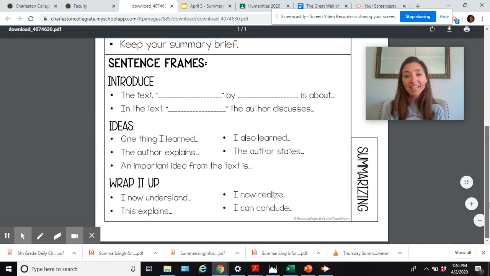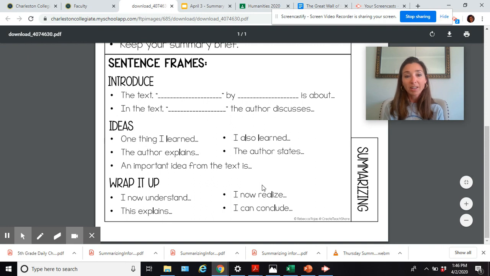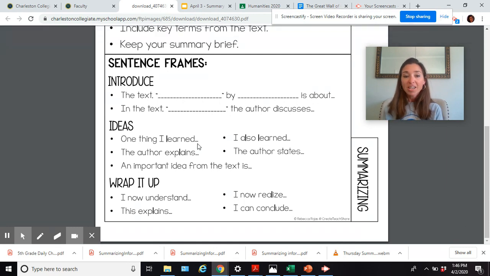But what I really like, and I know that you guys like this as well, is it includes sentence starters that might help you make your writing flow better. Yesterday, like I said, you guys did a great job organizing your summaries for the Yellow River, but I think on a lot of y'all's, I wrote for the comments, wrap it up, right? How can you conclude your paragraph that you wrote me? So just an idea to try today.